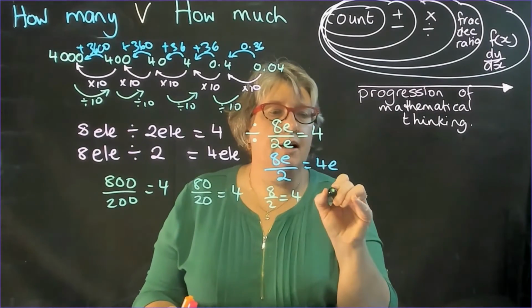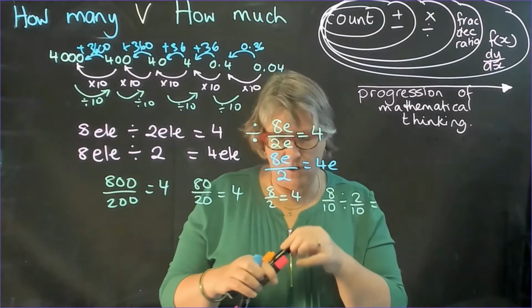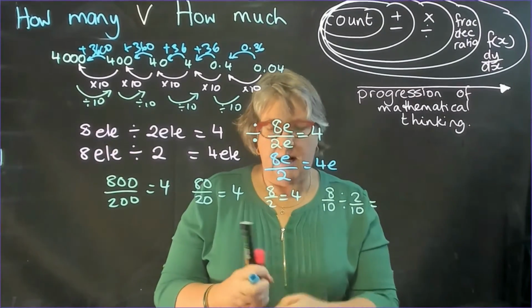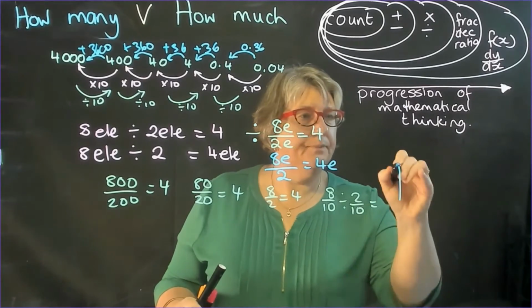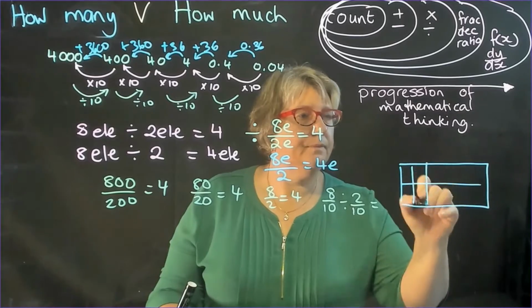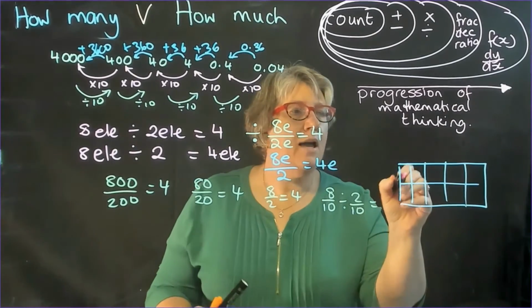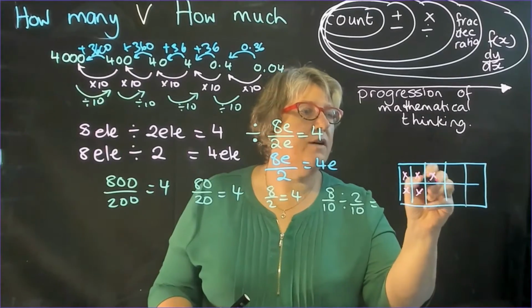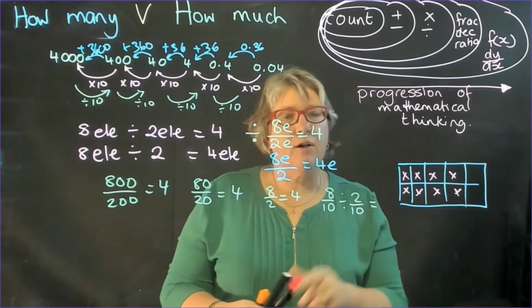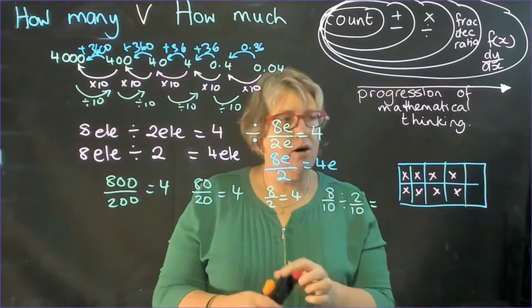Even to the point where I can say 8 tenths, how many 2 tenths? The size of the unit doesn't change the relationship. Let's draw that one. So there's my tenths. I have 8 of them, 1, 2, 3, 4, 5, 6, 7, 8. And the question is, if I've got 8 tenths, how many lots of 2 tenths can I do?